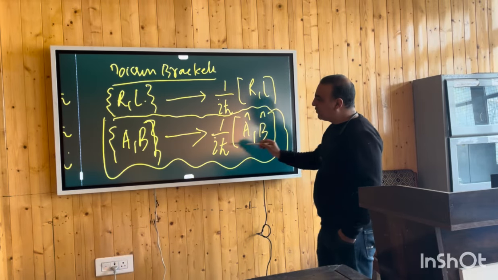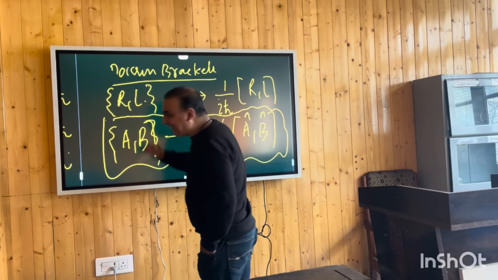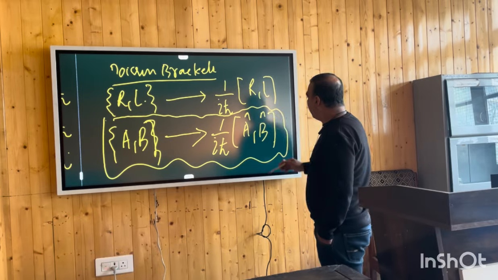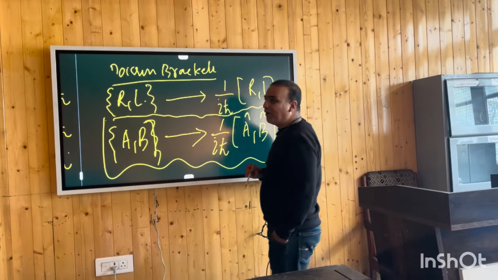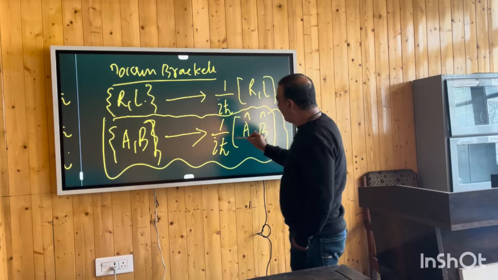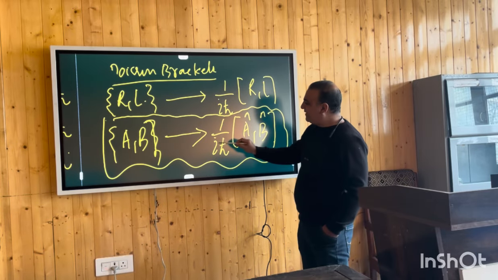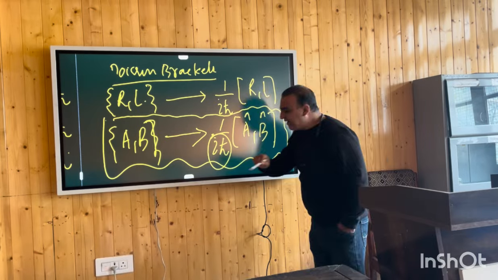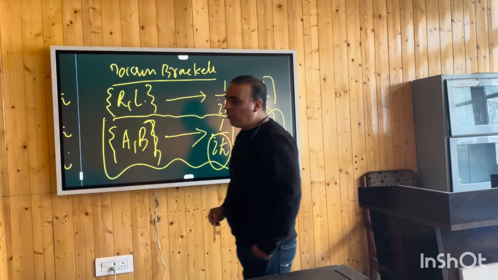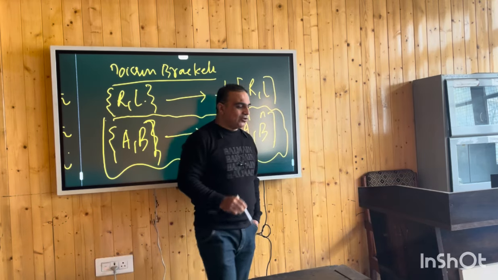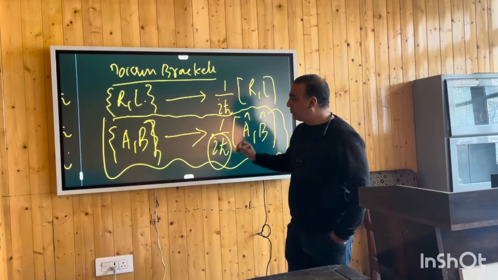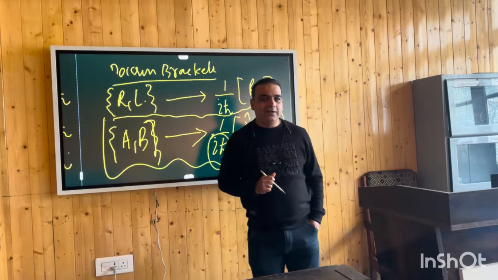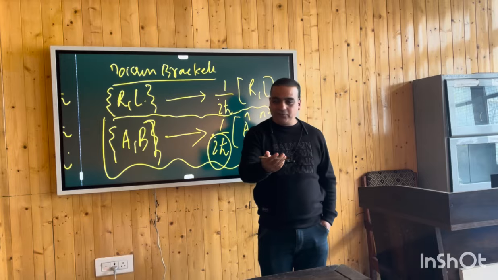The difference is a Poisson bracket in classical physics and a commutator in quantum mechanics. The two are related in such a way that in the denominator of the commutator, I have iħ.